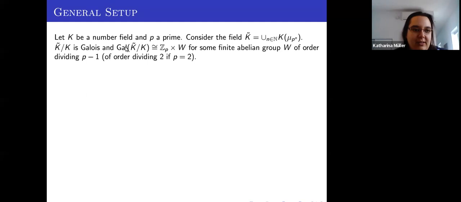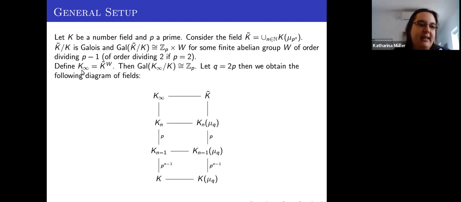And of course, K tilde over K is Galois. We can describe its Galois group quite explicitly. It's isomorphic to a copy of the p-adic integers times W, where W is a finite abelian group, and its order either divides p minus 1 if p is odd, or the order divides 2 if p is equal to 2.